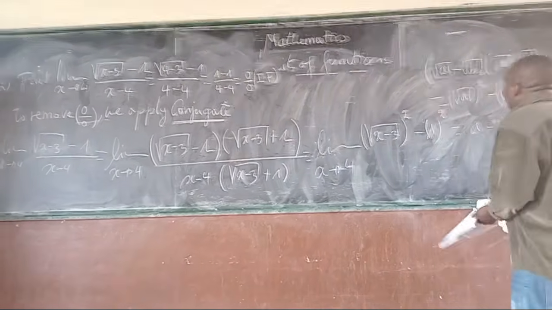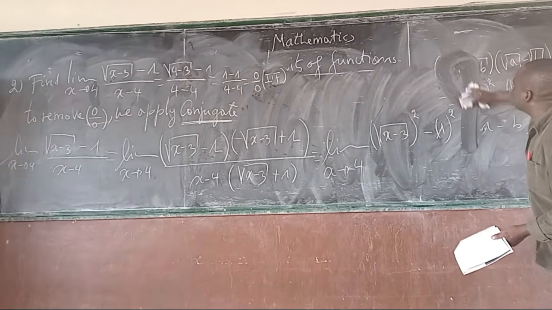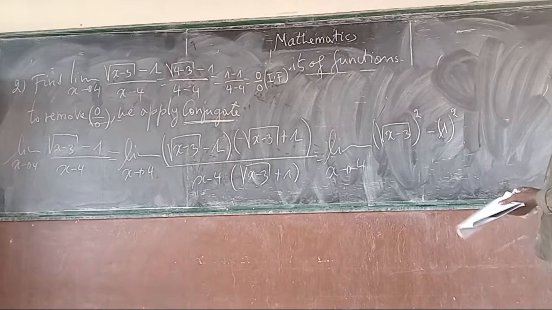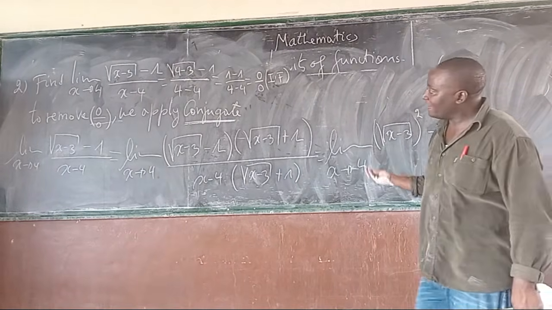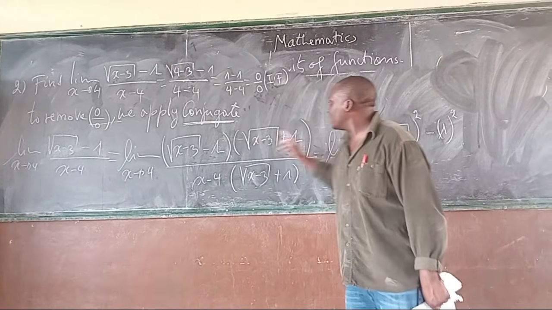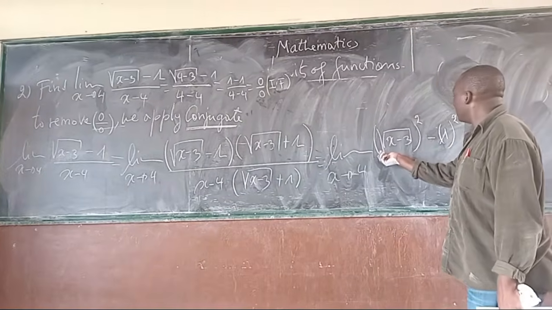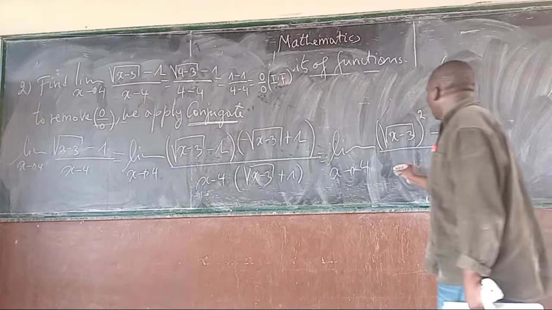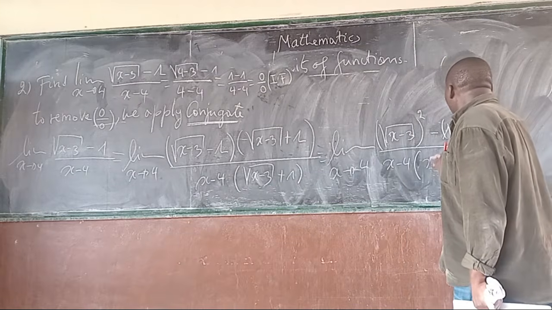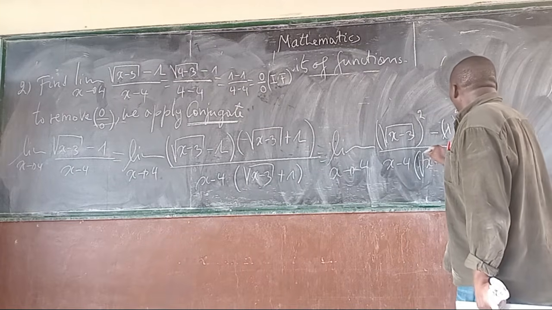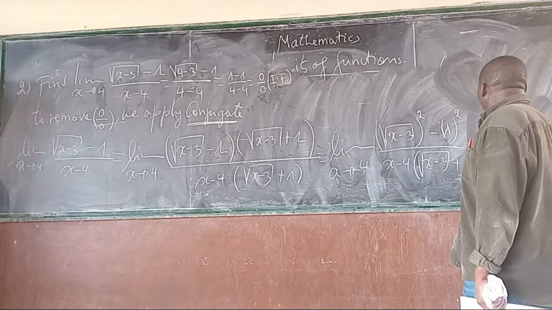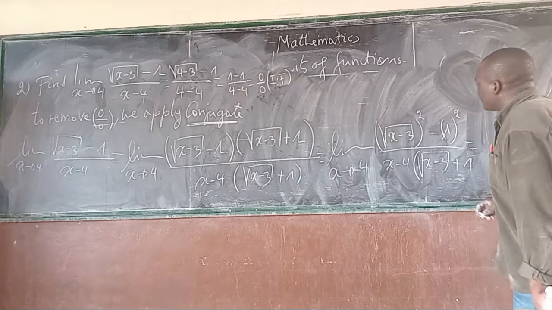I get the product of those factors simply. Or if you want, if you have time, try to multiply everyone with everyone, you will get the same result. No problem. Then out of x minus 4, in factor of square root of x minus 3, then plus 1.